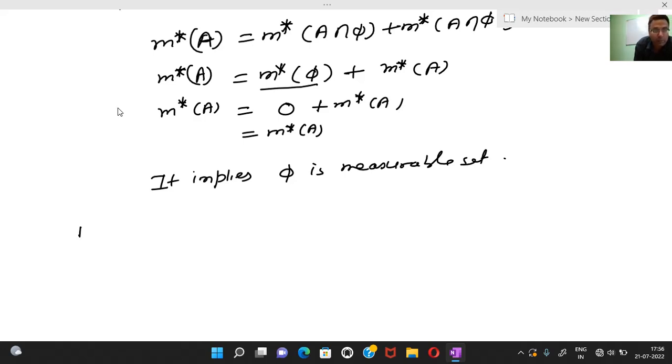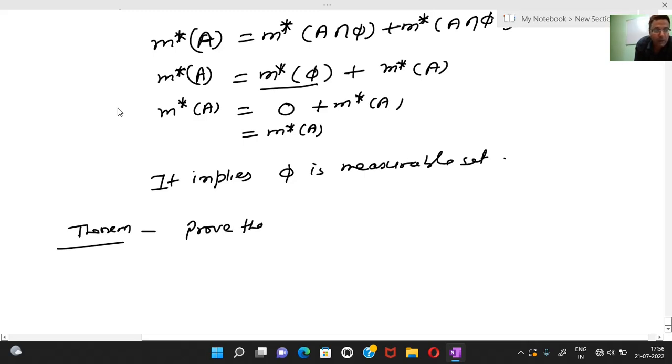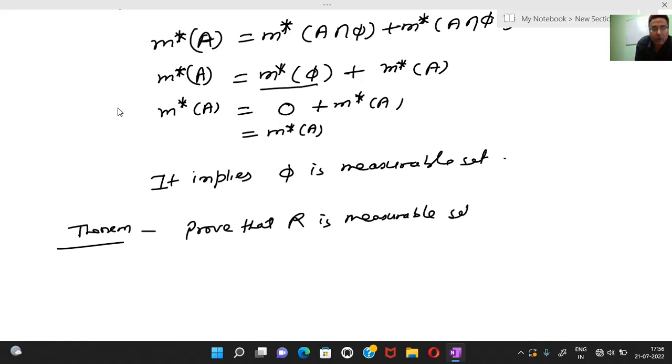Okay, one another theorem we want to prove here. Note down: prove that R is a measurable set. Okay, so we prove this theorem similarly as we proved the earlier theorem.